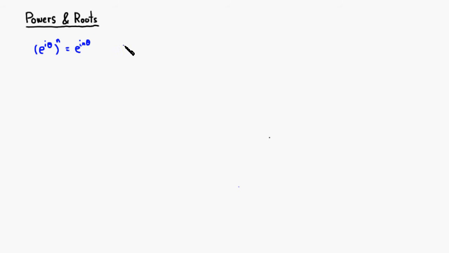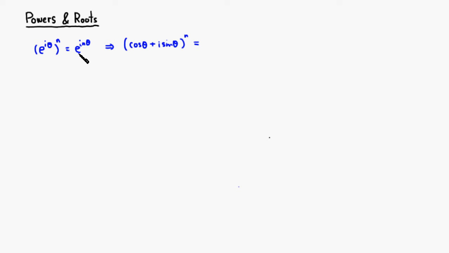This means that we can write it in sine and cosine. So e to the i theta is identical to cosine of theta plus i sine of theta, and we're going to raise it to the nth power. Especially when n is a big number, this computation might not be fun, but it's fairly easy because this is exactly the same thing as the left hand side.